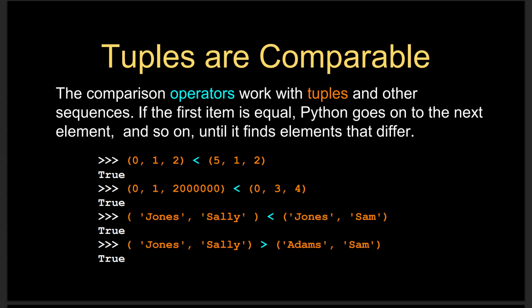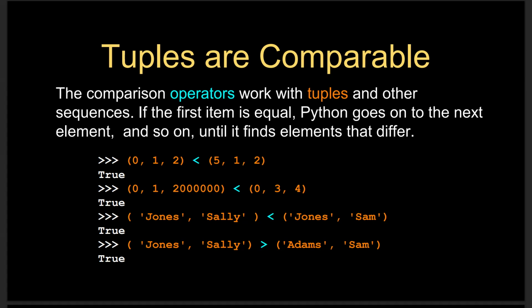Suppose we are comparing two tuples. If the first element in the first tuple matches the first one in the second tuple, it will go to the next. Likewise, it will go till the end and compare each and every element. After that, it will find the result and print the output.